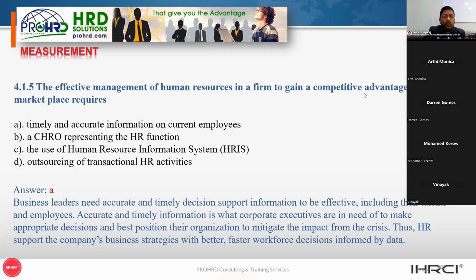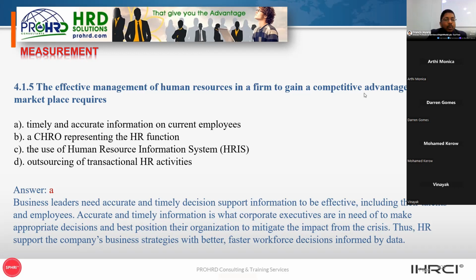So business leaders need accurate and timely decision support information to be effective, including their talents and employees. Accurate and timely information is what corporate executives need to make appropriate decisions and best position their organizations to mitigate the impact from the crisis.